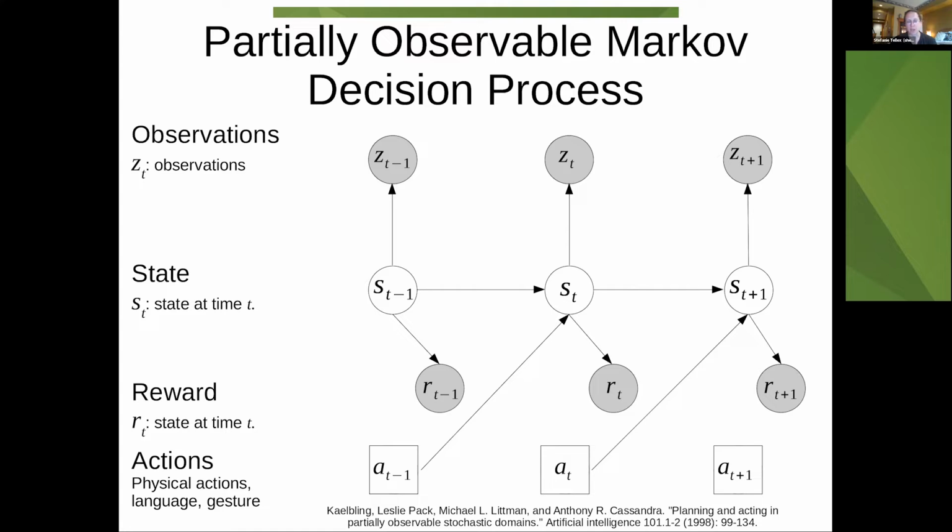So we need a powerful model that is capable of representing everything the robot can see and everything the robot can do. And in fact, POMDPs are the simplest model I know of that capture observations, that is what the robot can see, and actions, that is what the robot can do, and combine them together.